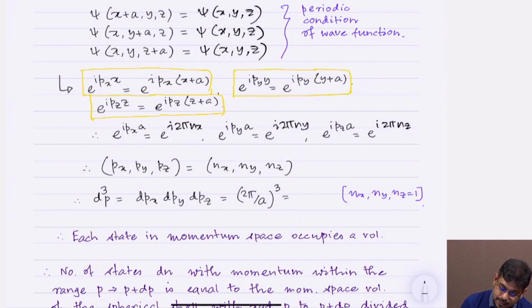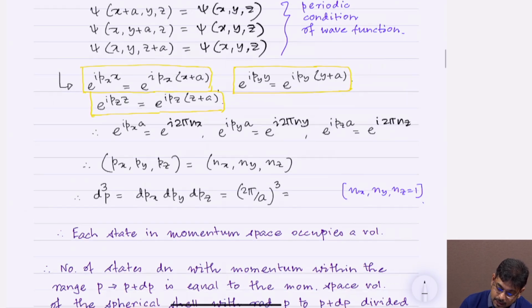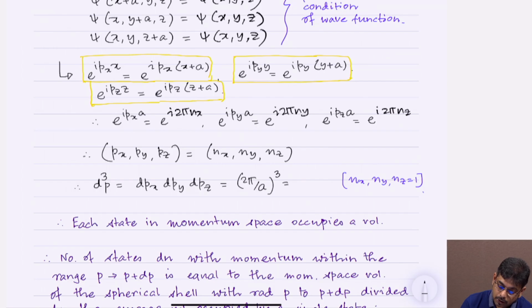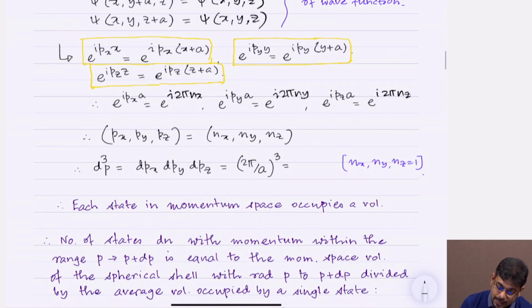Or rather you can say that p_x, p_y, p_z depend on n_x, n_y and n_z, or you can say that p_x, p_y, p_z is equal to n_x, n_y, n_z times 2 pi by a, right.